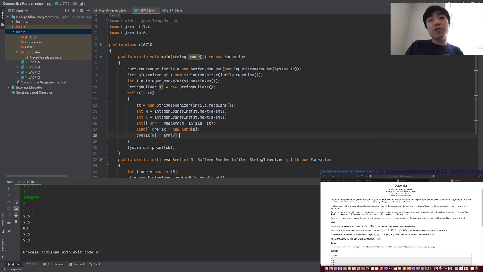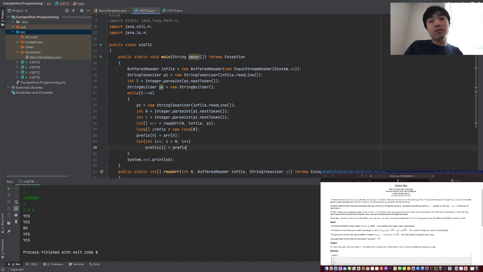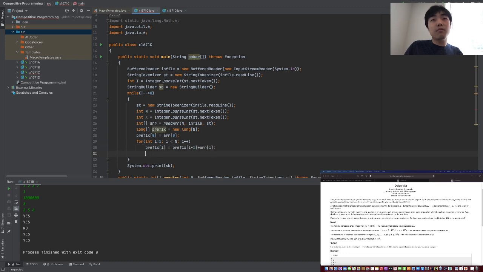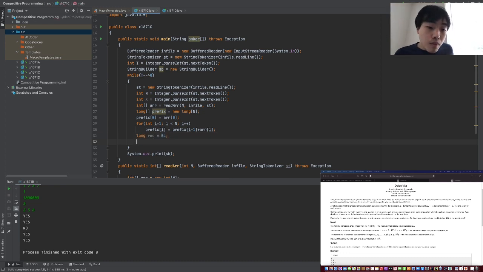Prefix of 0 is equal to rate of 0. Wait, so what is the question again? The total number of packs you'll be able to buy until prices exceed the everyday budget. Okay, so we go for i equal to 0.